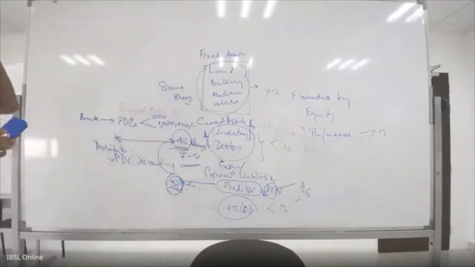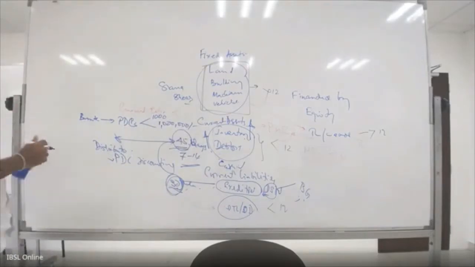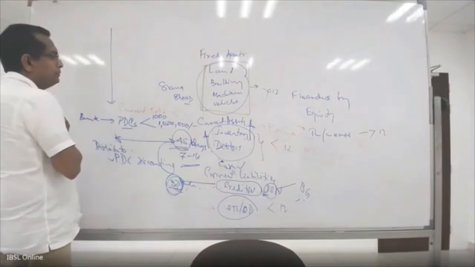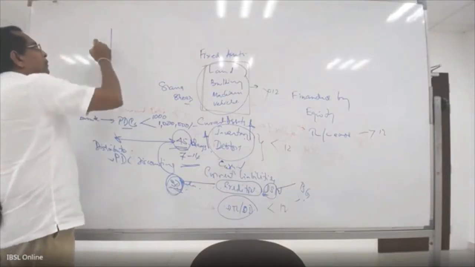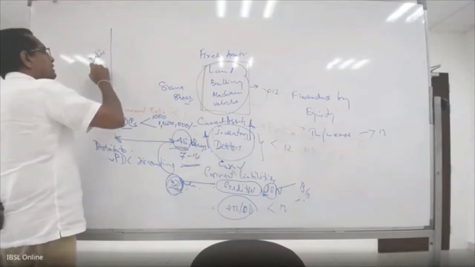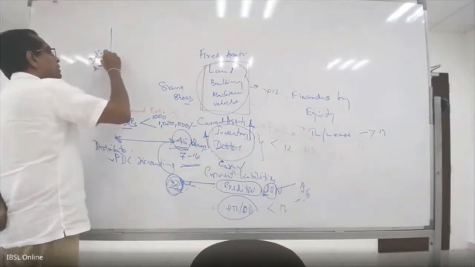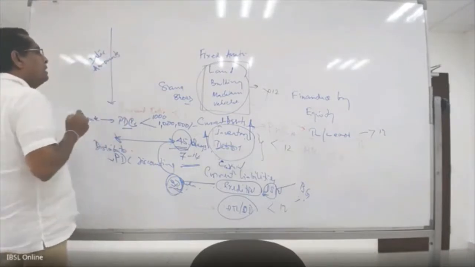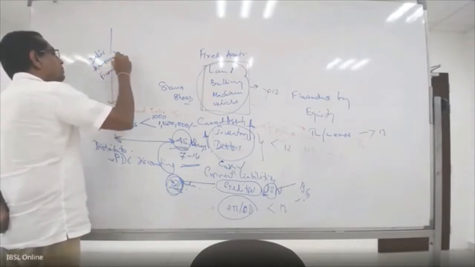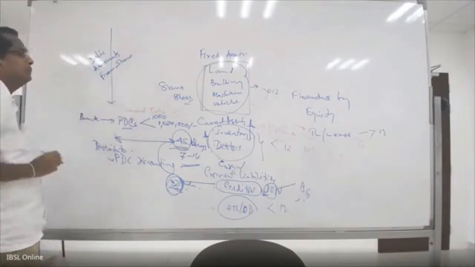Okay. What we do, we take the PDCs, look at the PDCs, we check the dates, we check the amounts, right? From whom we check.